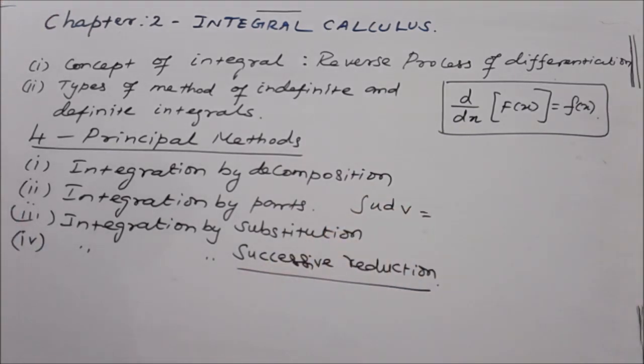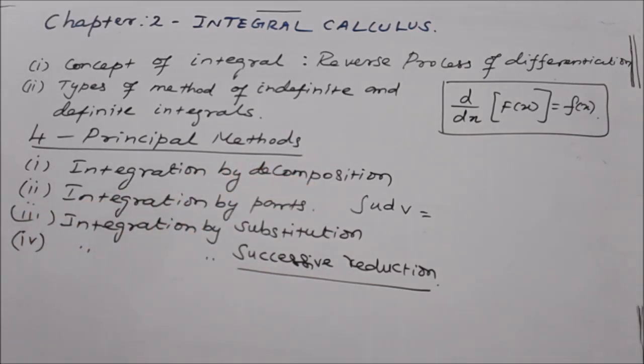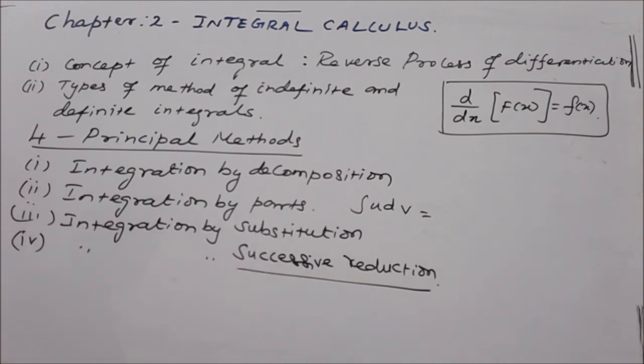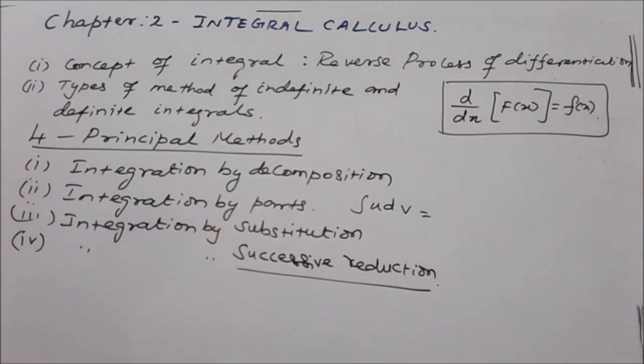We have a specific method and specific ideas to integrate in that. Then integration by substitution: instead of big formulas or trigonometry formulas, we can substitute different variables for the function, and then we can easily integrate. This type of integration, substitution of a function or of a variable by another variable, is known as integration by substitution.